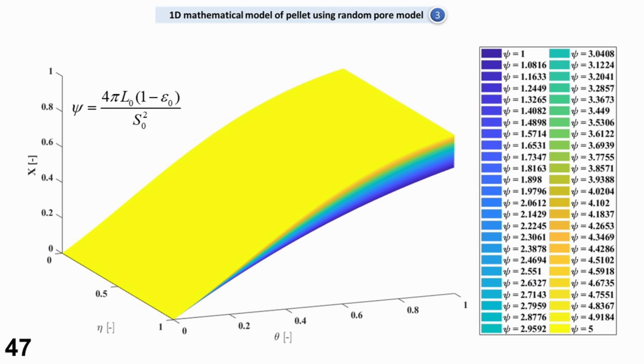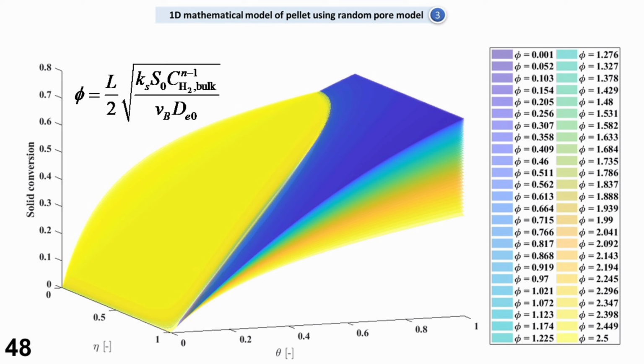Next, we examine various parameters. The first parameter is psi, which indicates the pore size. As the pore size increases, the reaction rate also enhances, naturally because more surface area is provided. The second parameter is the Thiele modulus, also known as a particle size parameter, which represents the ratio of reaction rate to diffusion.